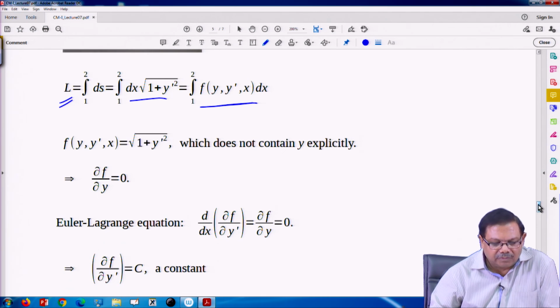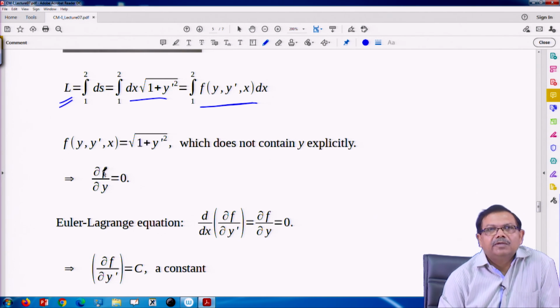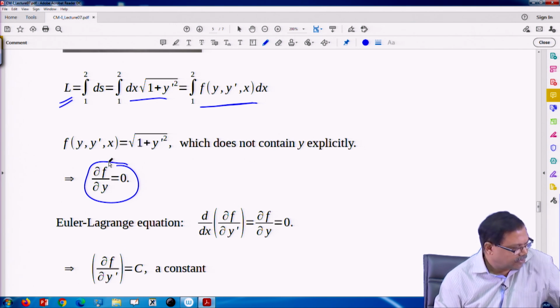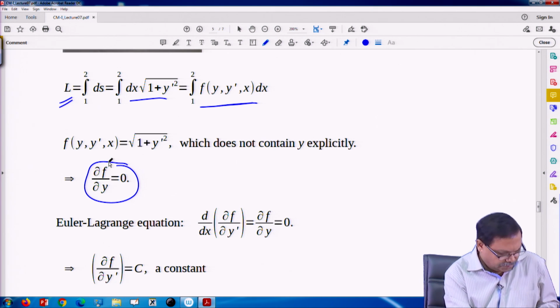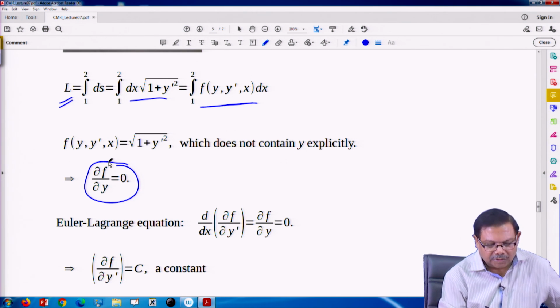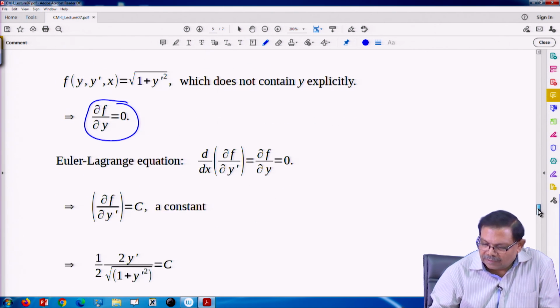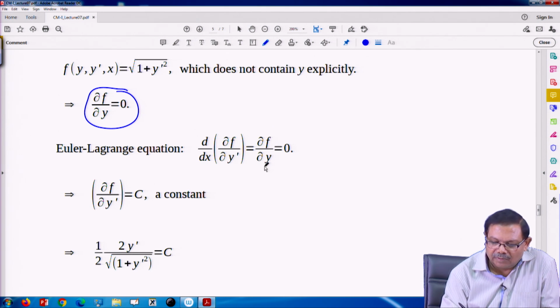So, we can find its derivative with respect to y. Since it does not involve y, that is 0. If ∂f/∂y is 0, then d/dx of ∂f/∂y prime is 0, which means ∂f/∂y prime is a constant.